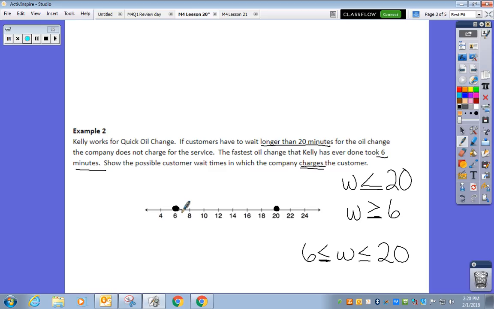So greater than 6 would be to the right, and less than 20 would be to the left. So what I'm doing is shading in all of this time in here. Meaning it can take 6 minutes all the way up to 20 minutes to be charged. So any time in between here, if I waited this amount of minutes, I would be charged for my oil change. Okay, let's look at another example.